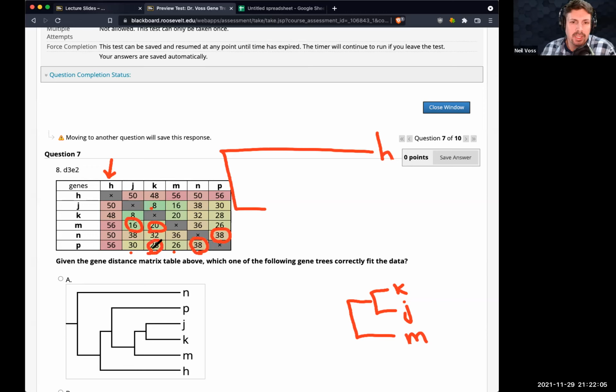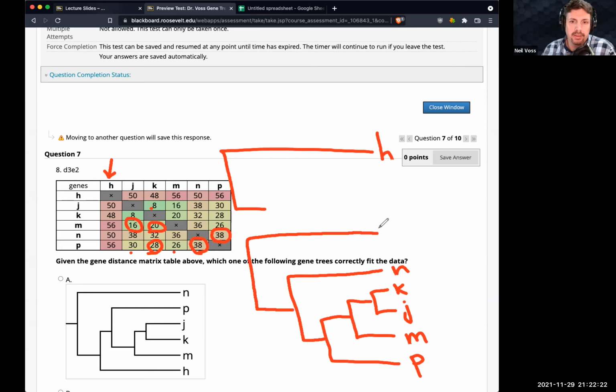So that averages 28. That's less than 38. So next what's going to happen is P is going to connect. And then it looks like N connects to that. And then H to that. So this is why I call it comb, because you just kind of keep adding.